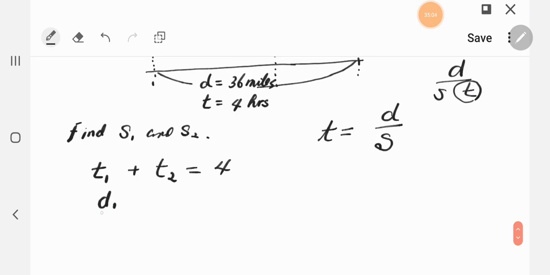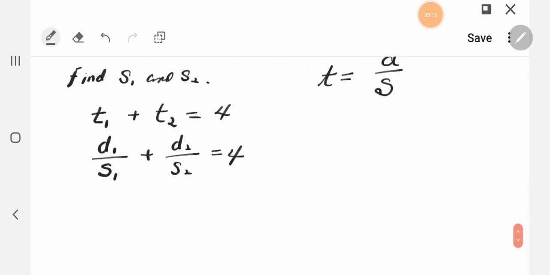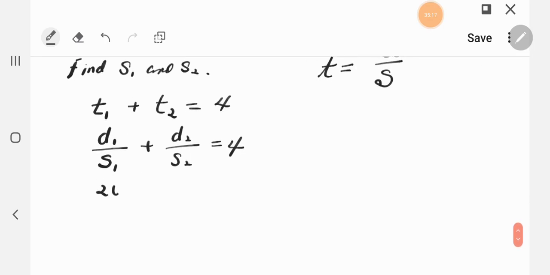The distance for the first section is 20 miles and the speed is x. For the second, the distance is 16 miles and the speed is x minus 2, 2 miles slower than the first speed. So we have an equation like this.